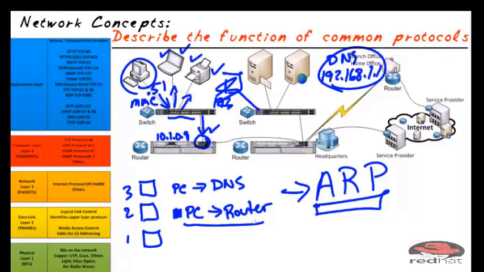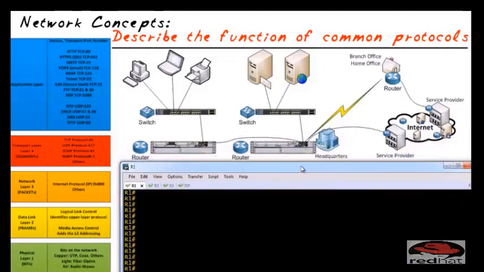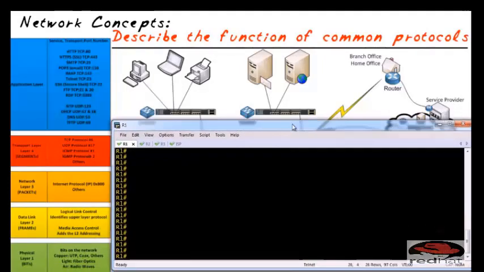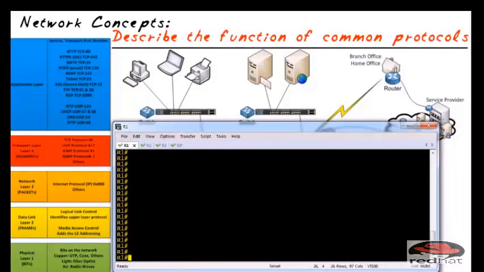And what I like to do is show you that in action. So let's bring over a couple of devices. Let me clear off this layer right here, and let me add a new one. Let's bring over a router. This is router 1, and I'll size this up a little bit so we can see it nicely.